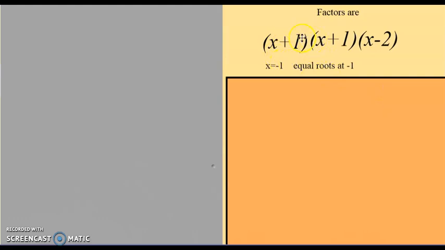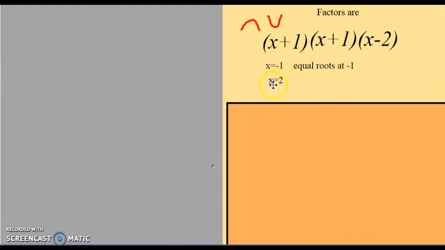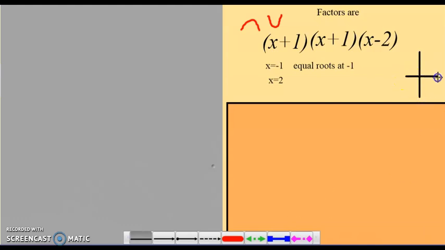Now, this tells me that x is equal to minus 1, but there are 2 of the same roots, which means I will have equal roots that will look either like that or like this on my x-axis. And I also have x is equal to 2. Taking this into consideration, I'm just going to draw a small axis on the side.